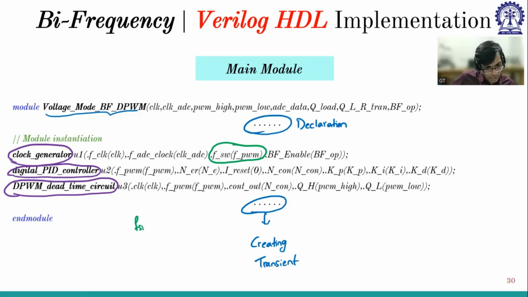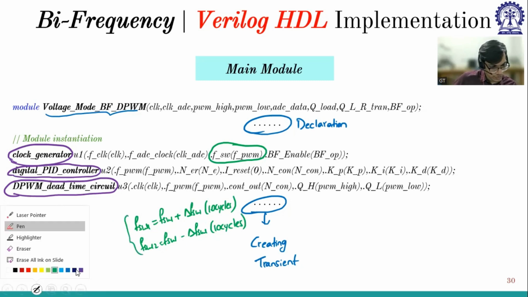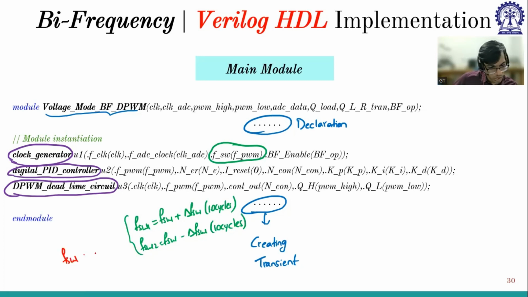Here we have FSW1, which is FSW plus delta FSW for 10 cycles, and FSW2, which is FSW minus delta FSW for 10 cycles. So we are operating at two different frequencies, but if we take the average, we will get FSW, which is our 200 kilohertz.